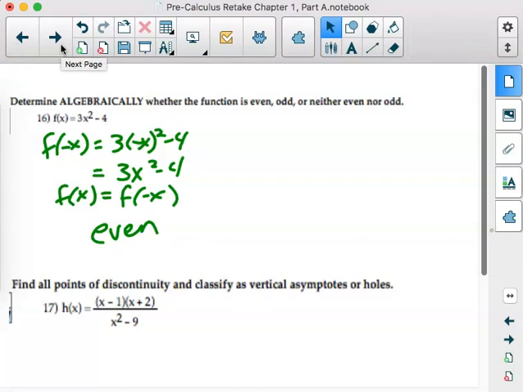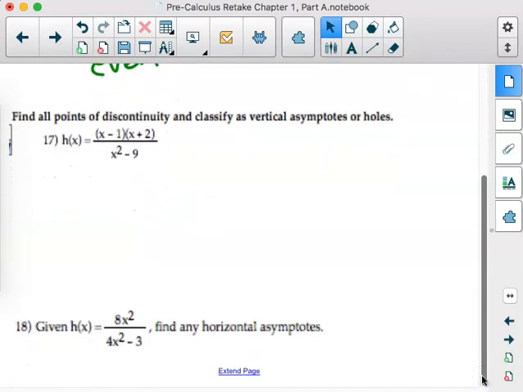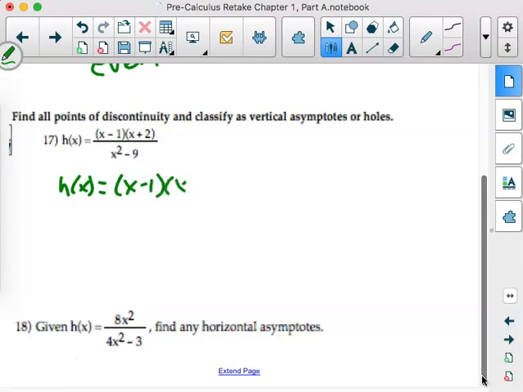Number 17, we're going to find all of those points of discontinuity and say whether or not they are vertical asymptotes or if they are holes. And we do that by factoring. So once I factored, I realized, well, nothing's going to cancel. So that means I don't have any holes.